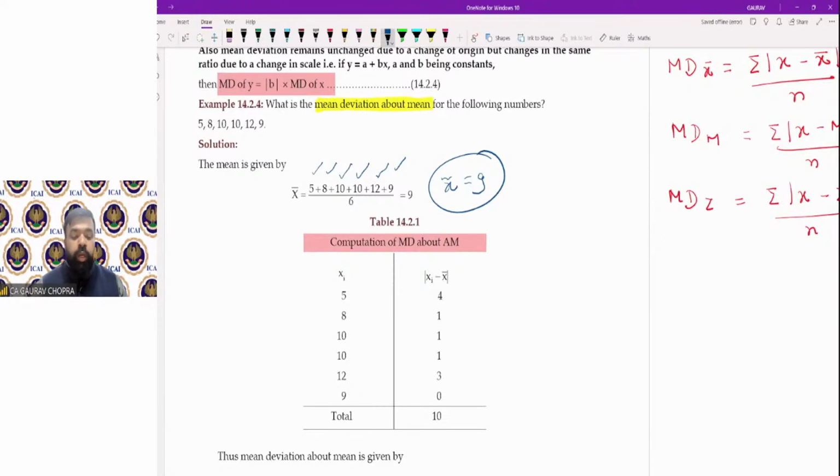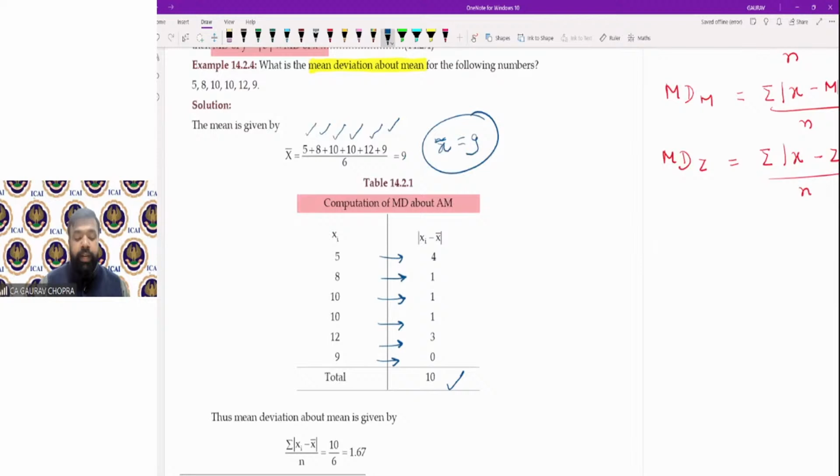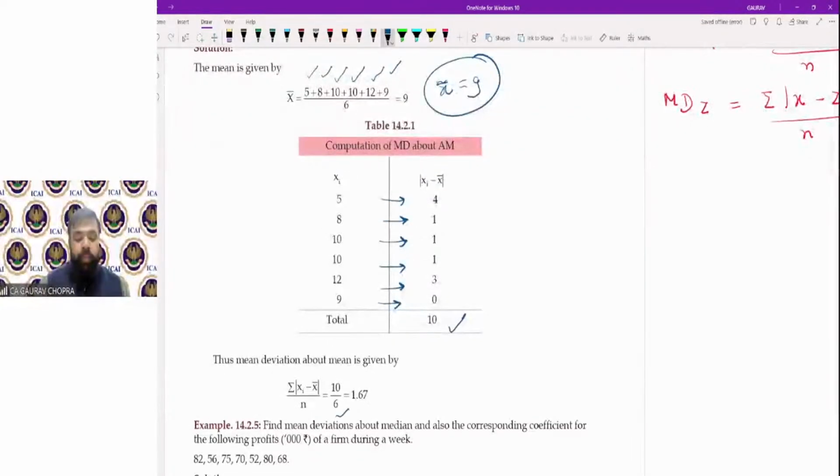Now you have 5 minus 9, which gives 4. 8 minus 9 is 1. 10 minus 9 is 1. 12 minus 9 is 3. And 9 minus 9 is 0. So sum of the deviations is 10. Now as per the formula, 10 divided by number of observations, that is 6. Mean deviation is 1.67.